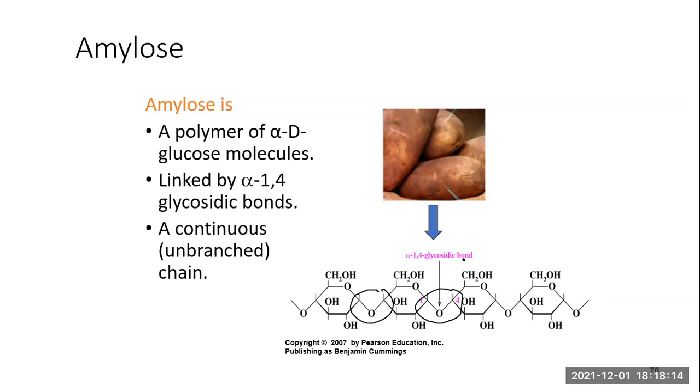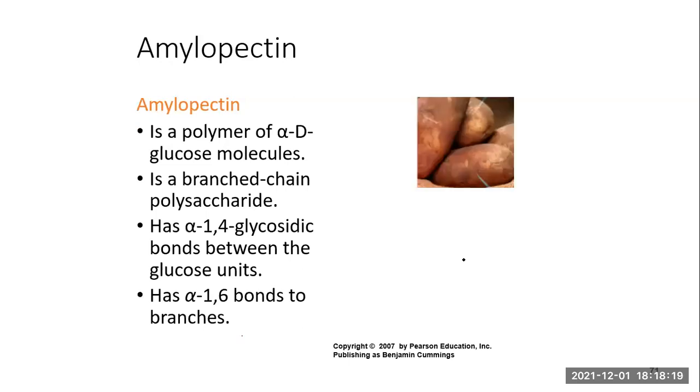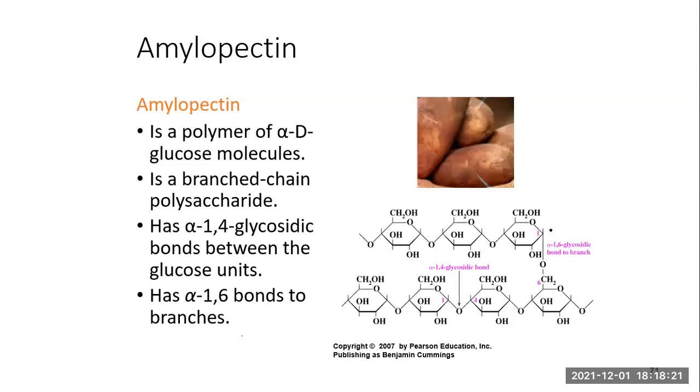Amylopectin is a more branched version of it, with the branching point happening at an alpha 1,6 connection, but it has the same kind of straight chain, and it picks back up again as alpha 1,4 at these points as it continues on. Those branch points have that alpha 1,6 branching. Any questions on that?